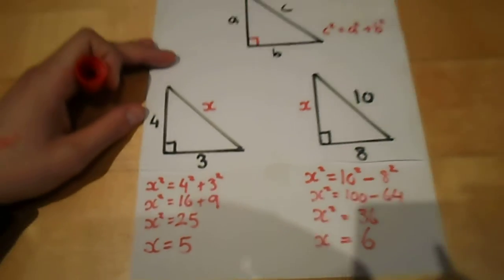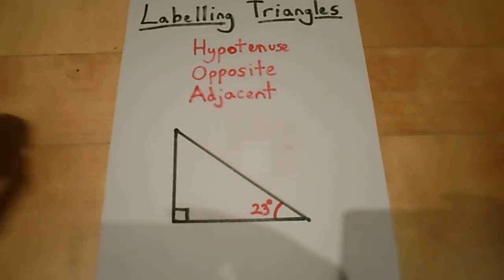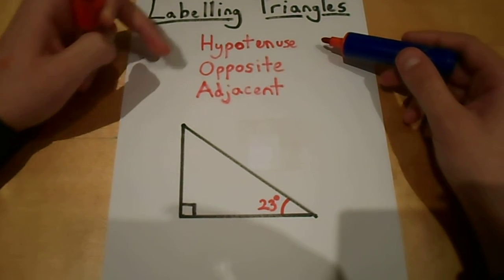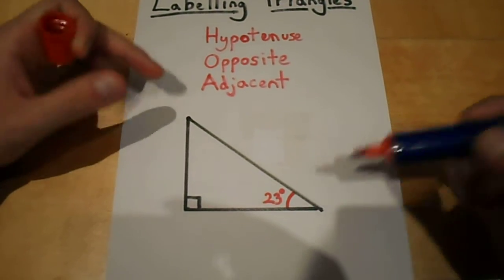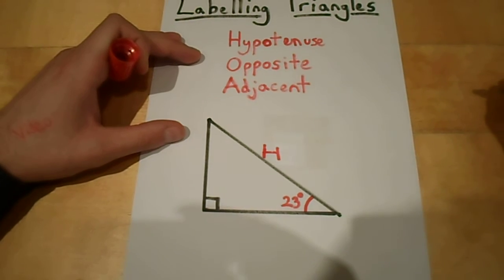Just a quick revision. Something you shouldn't have seen before is how to label triangles. Now, in right angle triangles, there are 3 types of sides. Hypotenuse, that is always the longest side of a right angle triangle. So with this right angle triangle, this side here is my hypotenuse.